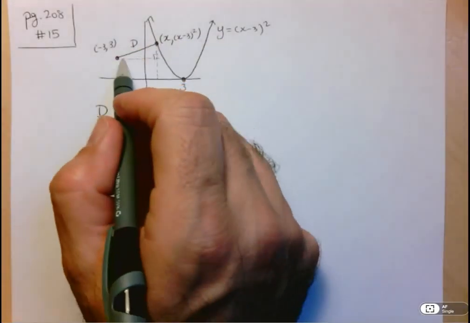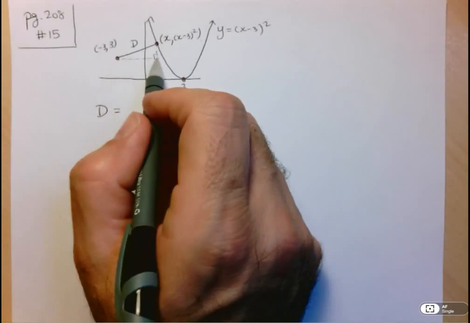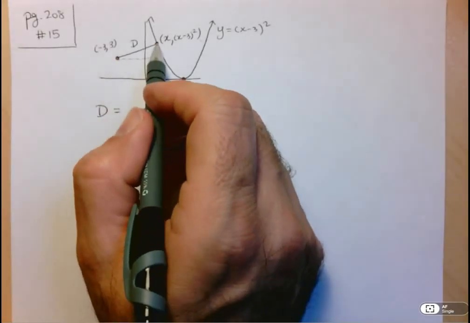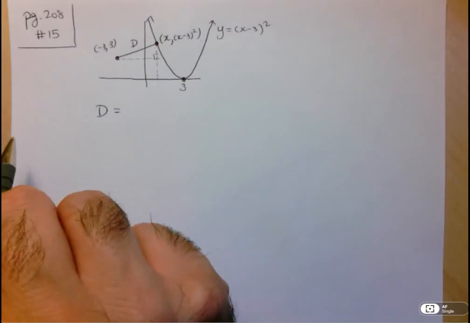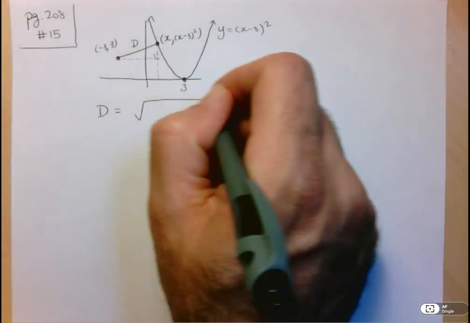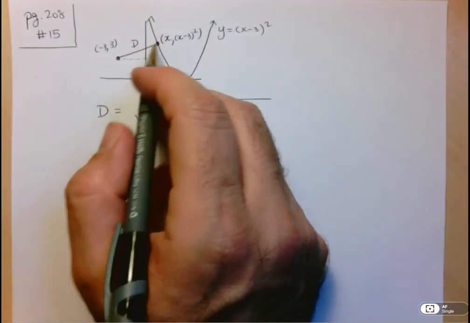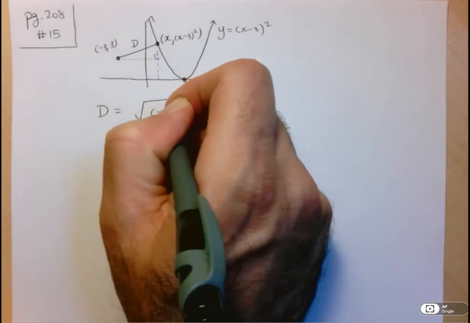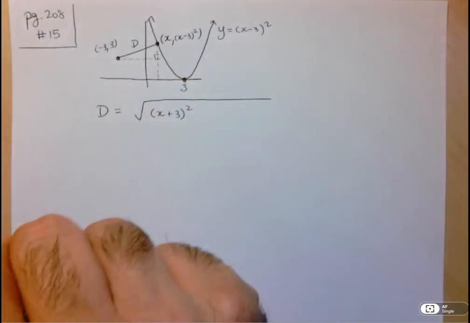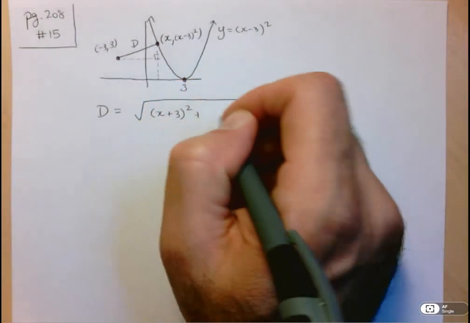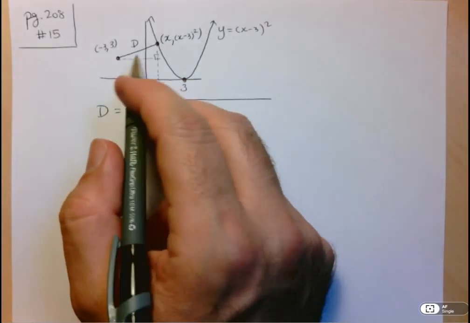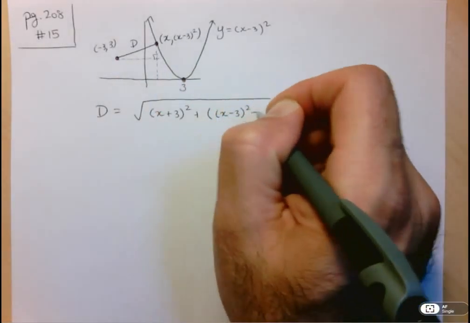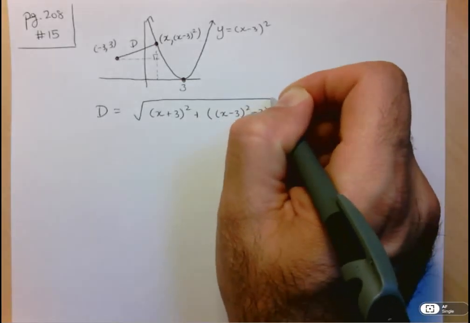So you're taking the difference of the x's, that will be one side of this right angle triangle, and the difference in the y's will be another side of the right angle triangle. So it's the square root of x2 minus x1. I'll write it as x minus negative 3, so (x plus 3) squared, and then plus y2 minus y1, so this will be ((x minus 3) squared minus 3) squared.